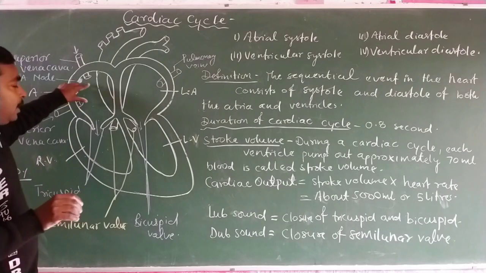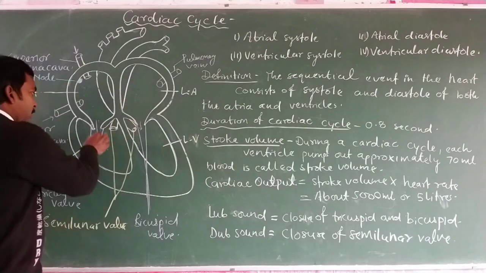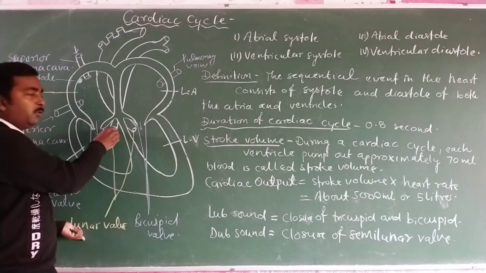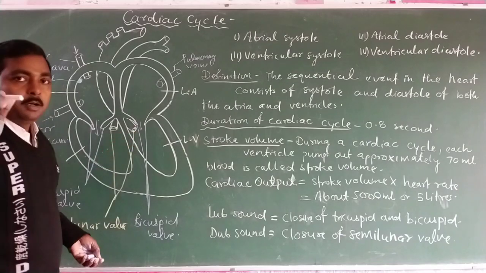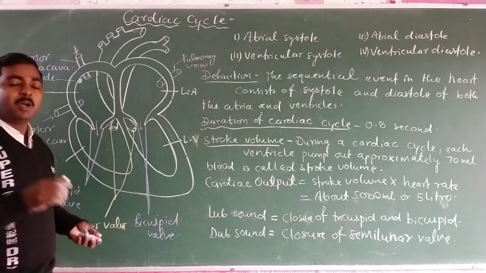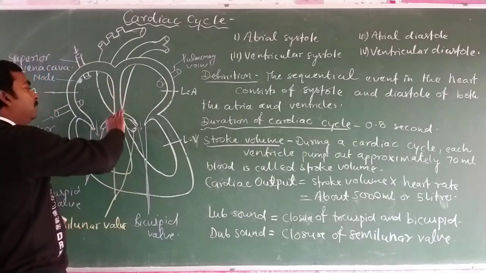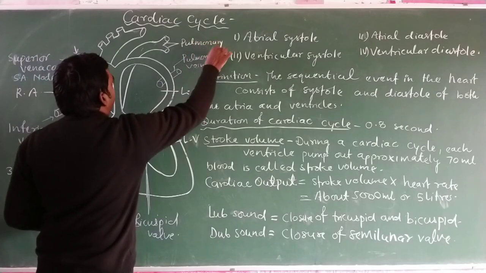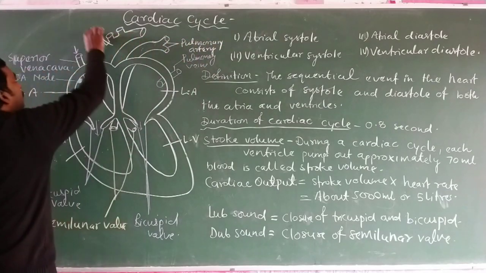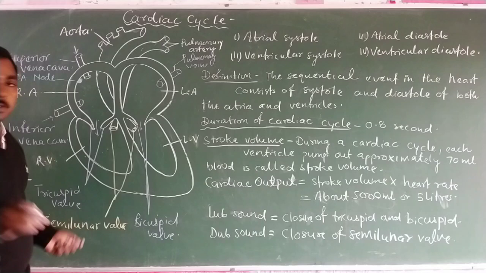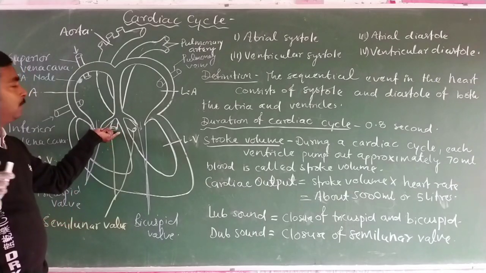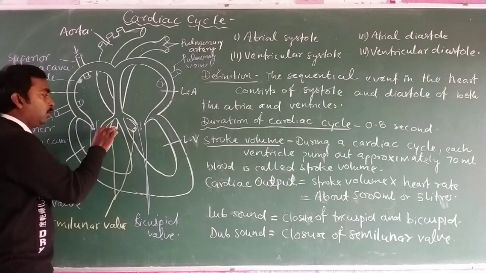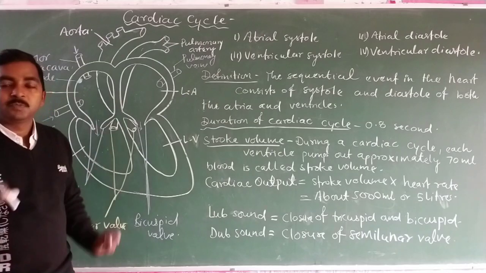At the time of contraction of the right and left atrium, the tricuspid and bicuspid valves remain open, while the semilunar valves, which are present in the arteries that carry blood away from the heart, the pulmonary artery and the aorta, remain closed.